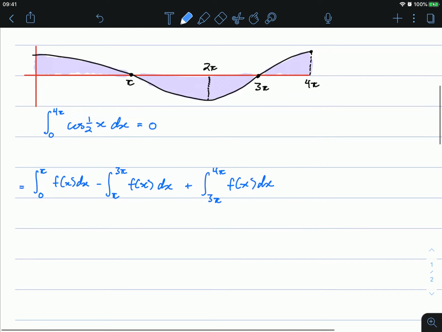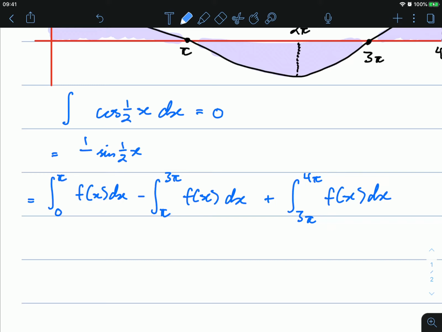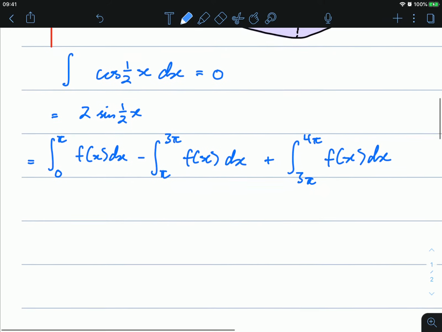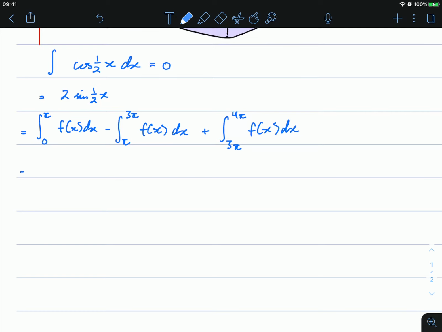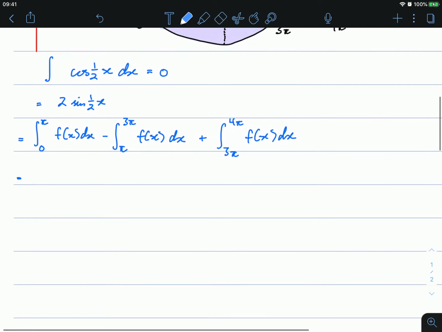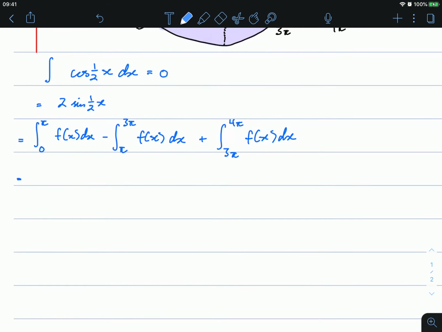Now, to make this nice and easy, let's integrate just this expression without the boundaries. So the integral of cosine is sine of the same function. It's going to be 1 over the coefficient of x. So 1 over half gives us 2. So that's what we're going to be having for our function to integrate.